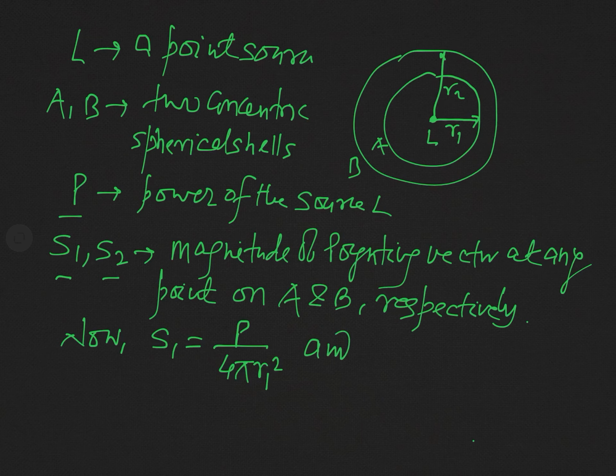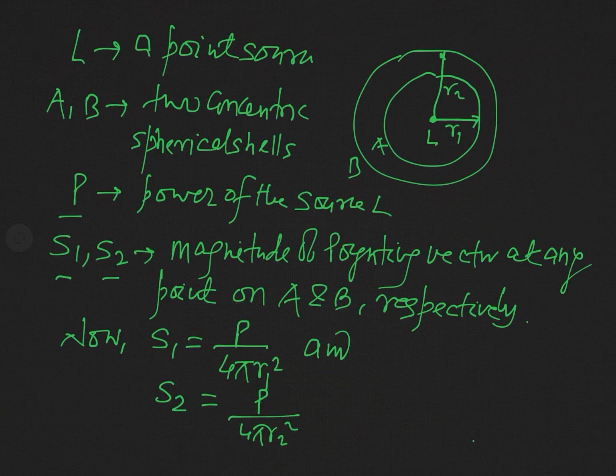In a similar manner, S2 will be P over 4 pi r2 square. Since energy passing through both of the surfaces is the same, P remains the same.